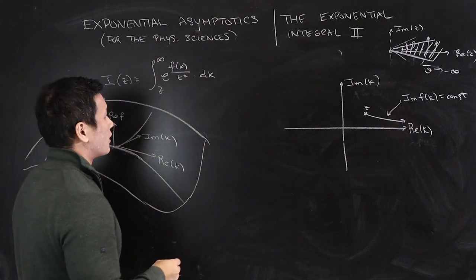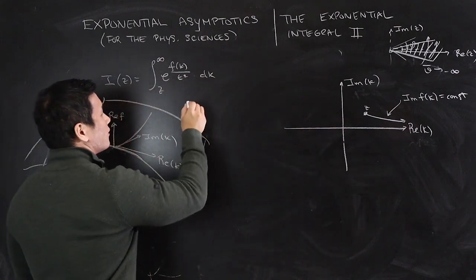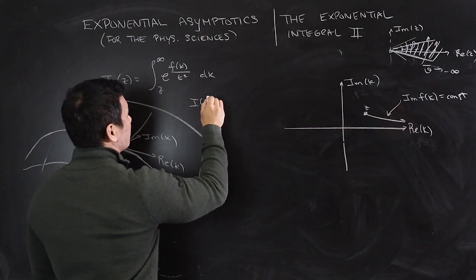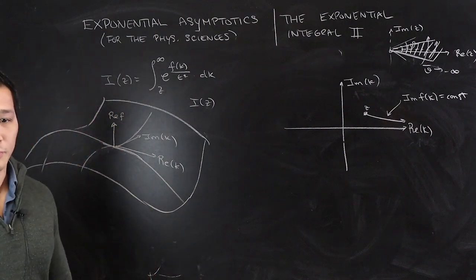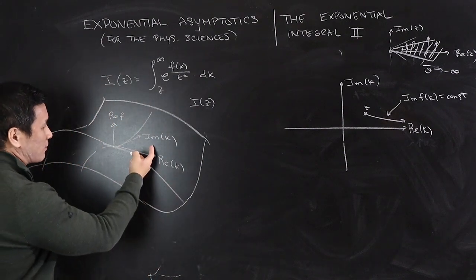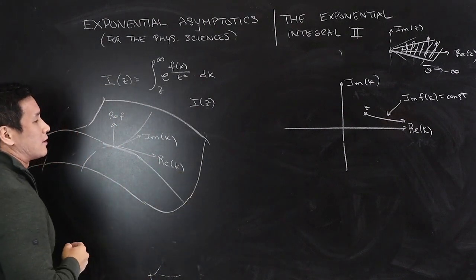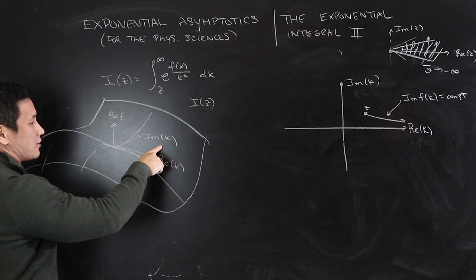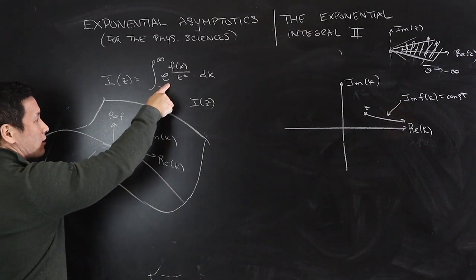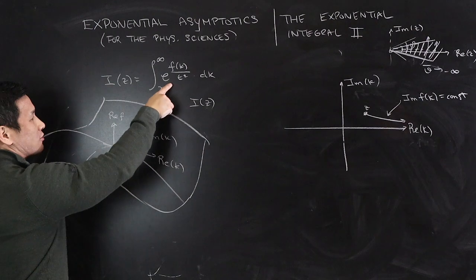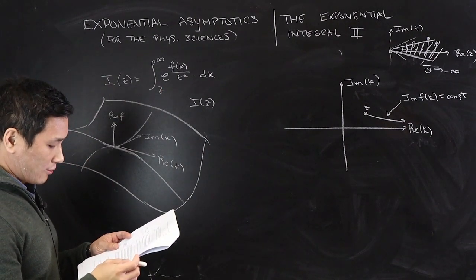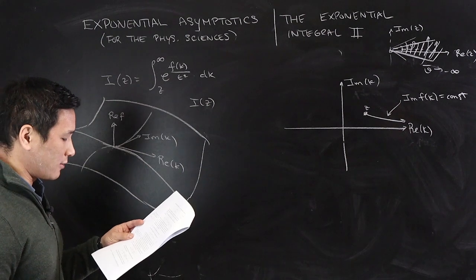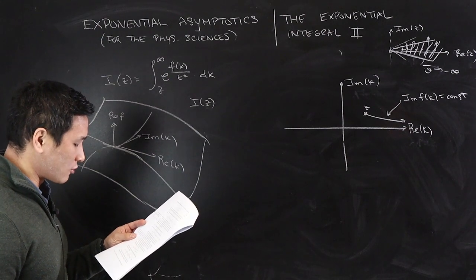So for this situation, I of z is just going to be dominated by its endpoint contribution. You start from a point here and go to infinity down in the valley. The dominant contribution to the integral happens exactly at the endpoint z. And you can derive this by integration by parts, if you like, in the usual way.